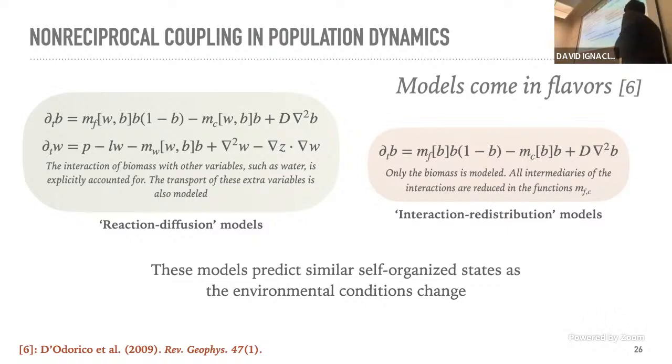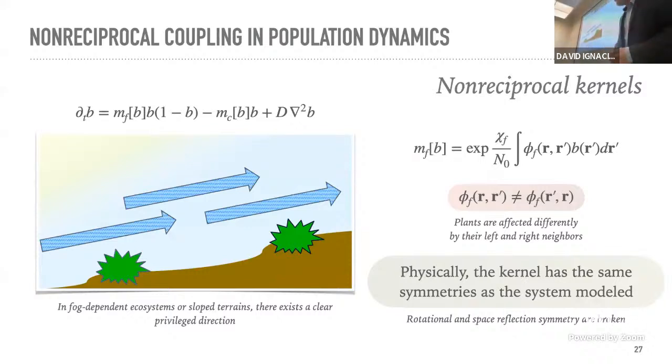What is important is that these models predict similar self-organized states as the environmental conditions change. So just to pick one, we start to analyze the interaction distribution models, and we try to explain how non-reciprocity can emerge in these systems.